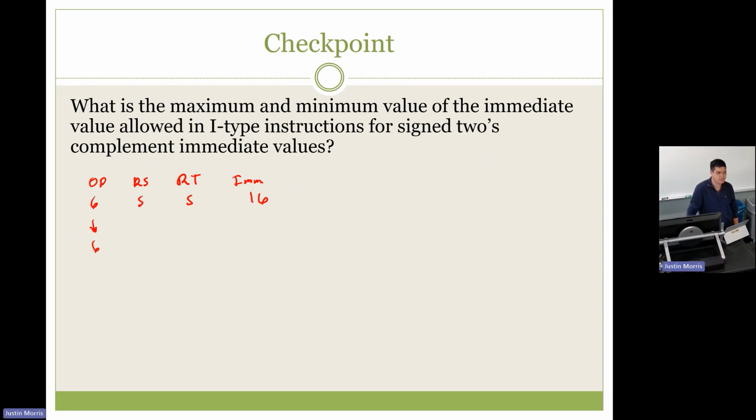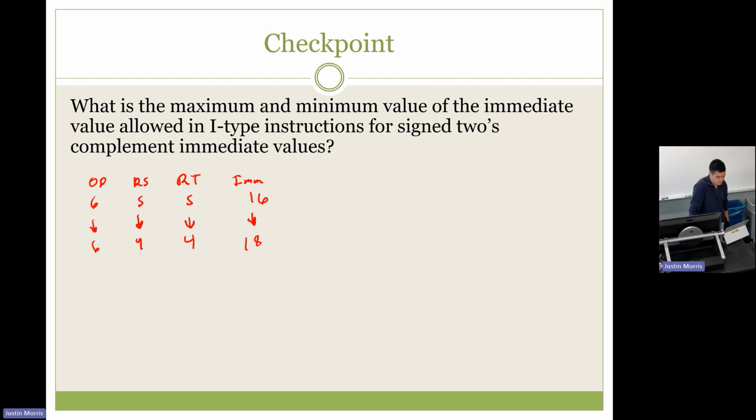How many bits do I need? 16 registers. Yep, 4, and it's for both of them, right? So what does that mean for my immediate field? What can it become? Yep, because we're keeping instruction length the same, we now have 18 bits.